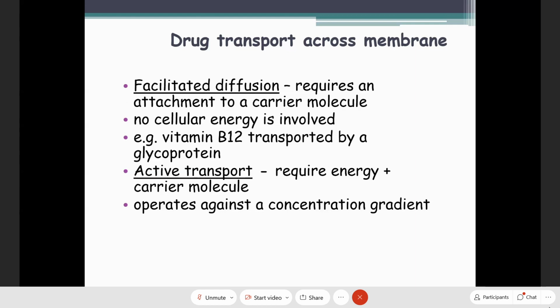This one operates against a concentration gradient, which means it flows from low concentration to high concentration. It's like climbing a staircase, right? For example, the anti-cancer drug 5-fluorouracil operates against a concentration gradient.